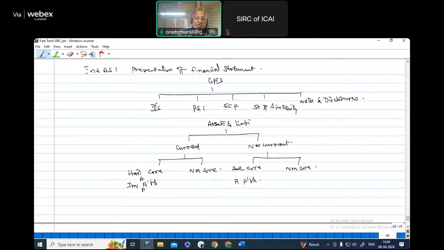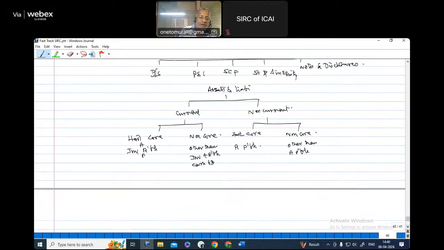So what could be a non-core item? A non-core item could be anything other than inventory, accounts receivable, cash and bank. Same way, other than accounts payable and all that.